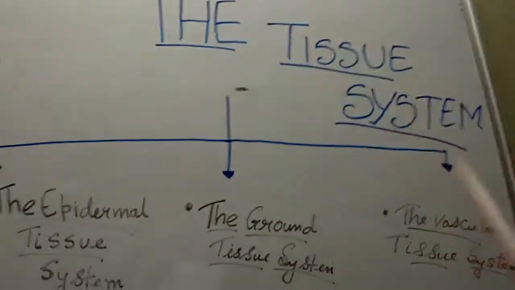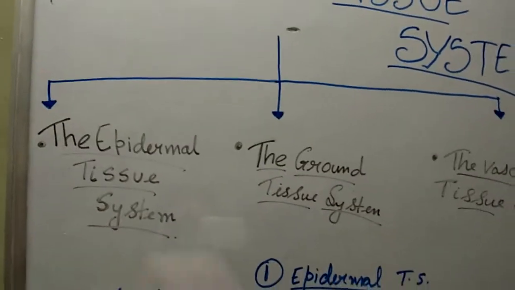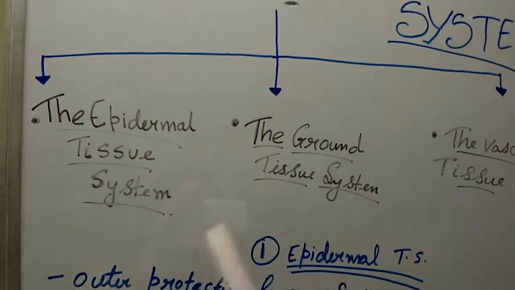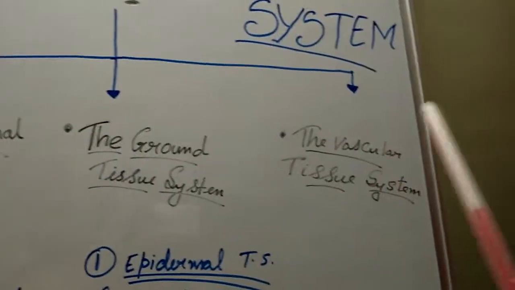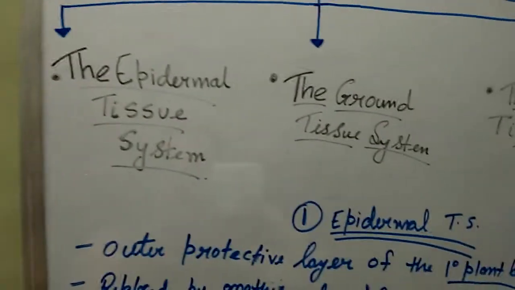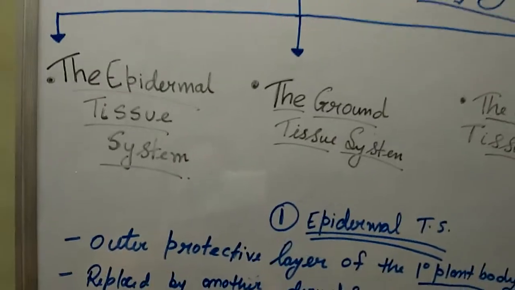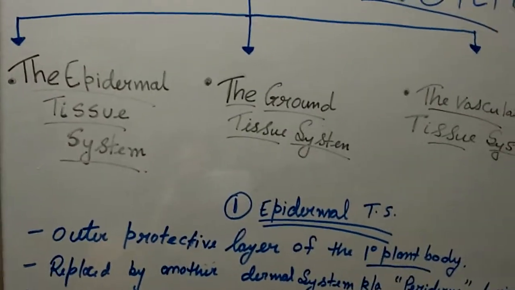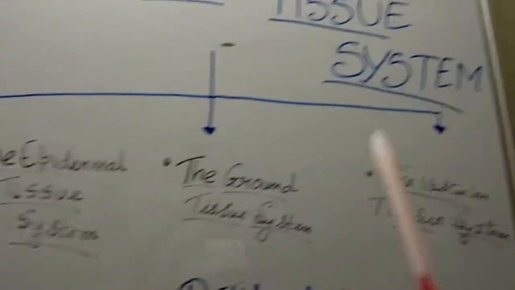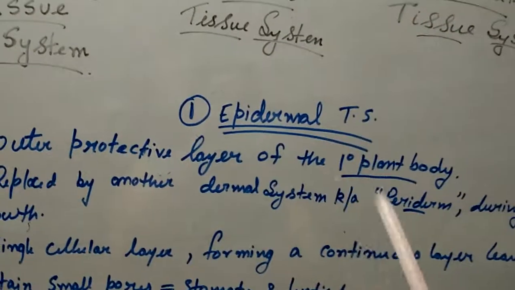So tissue system mainly has these particular subdivisions: epidermal tissue system, ground tissue system, and the vascular tissue system. And separately I will take up these three subheadings individually in my videos. So the first subheading of tissue system is epidermal tissue system.